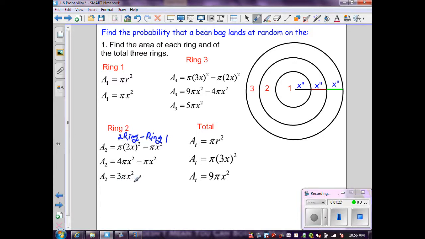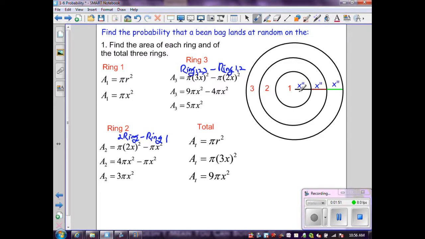The area for ring 3 is rings 1, 2, and 3 together, minus the area of ring 1 and 2. And that will leave us, getting rid of 1 and 2, ring 3. So the area of all three rings, 1, 2, and 3, has a radius of x plus x plus x, which is 3x.